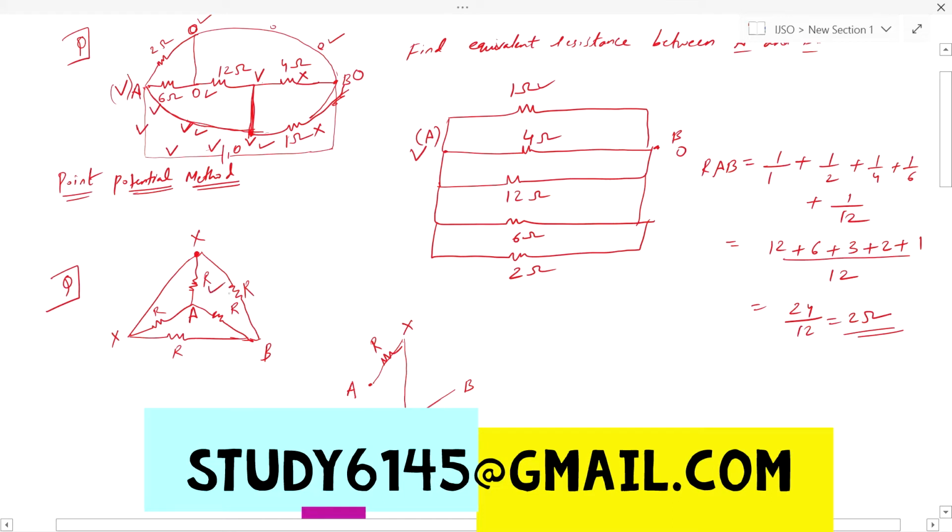So this is included. Now X and B there is one more resistor, so I am including this.